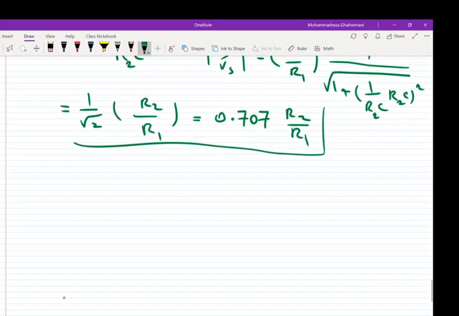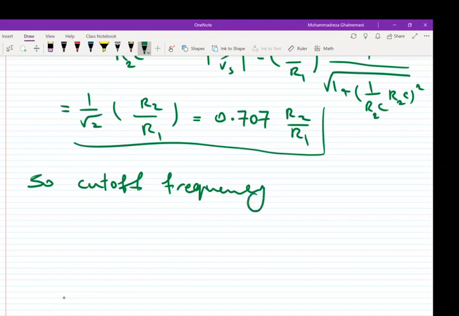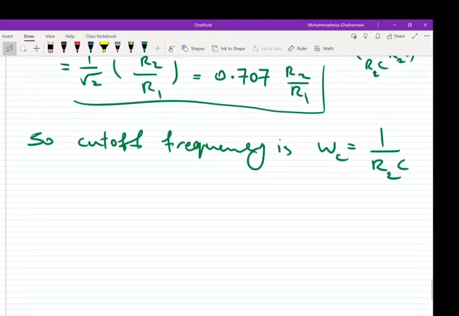So, the cutoff frequency is omega C equal to 1 over R2C. That's the first part. Okay, first part.